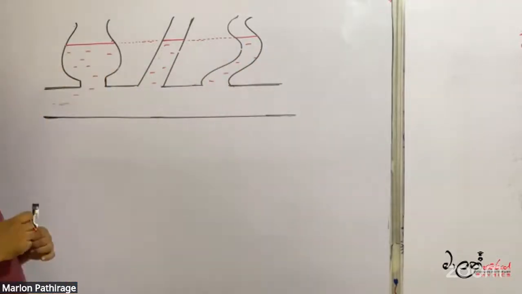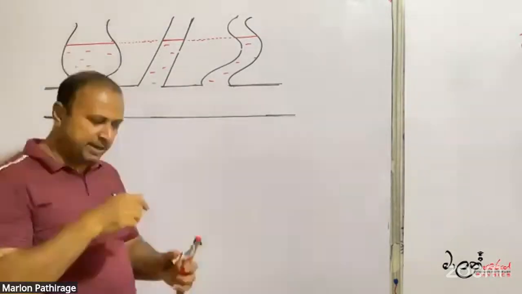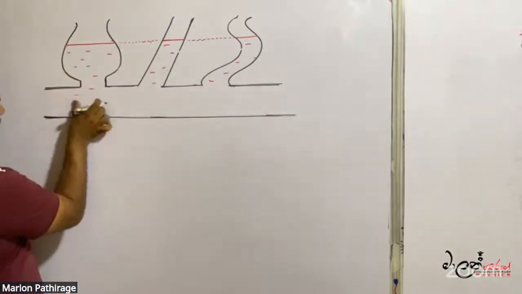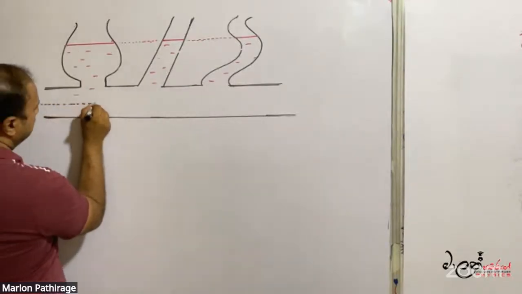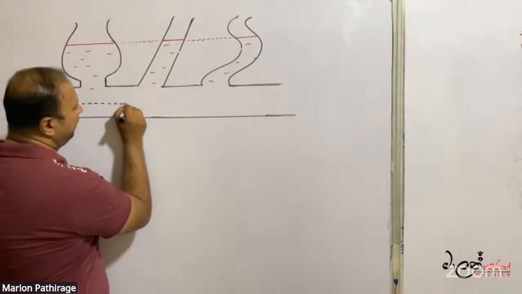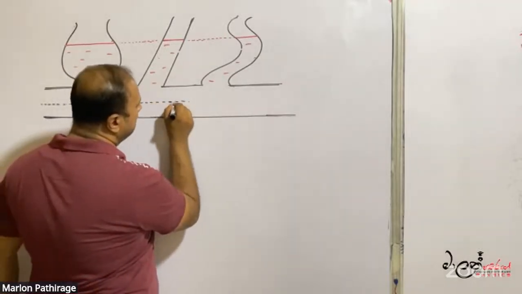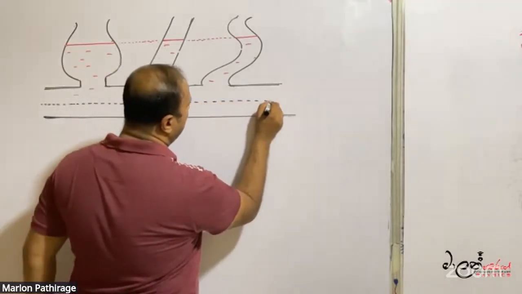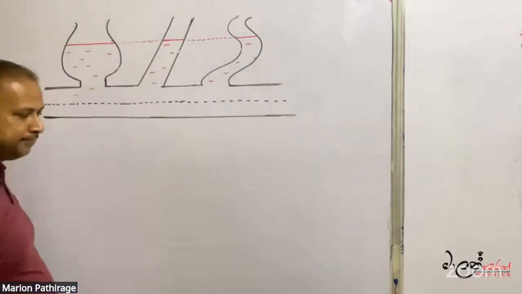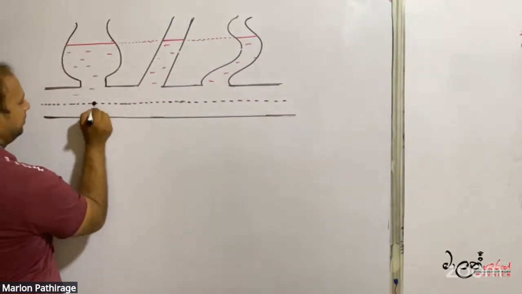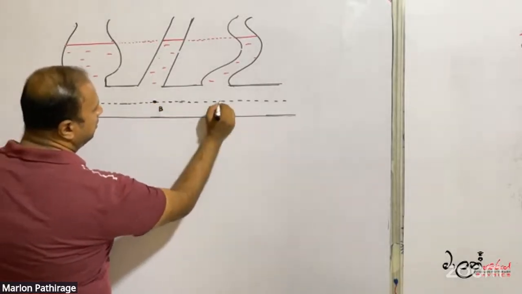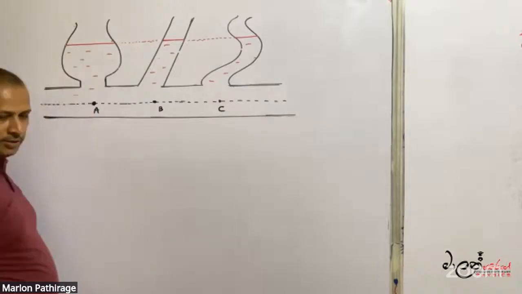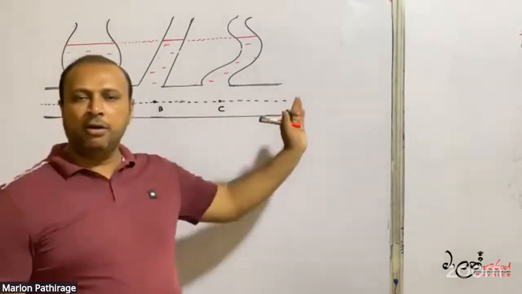So if you consider the same horizontal line on the same liquid, this is the same horizontal line on the same liquid.